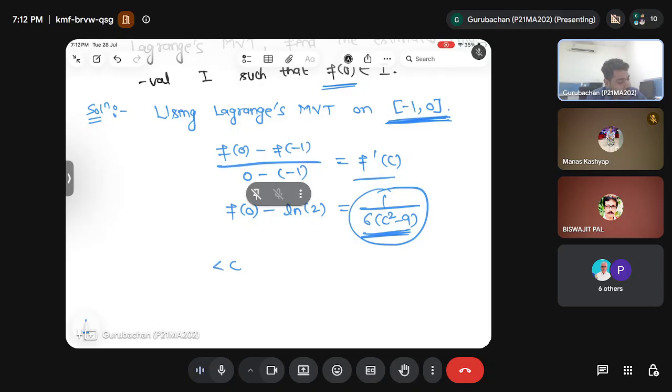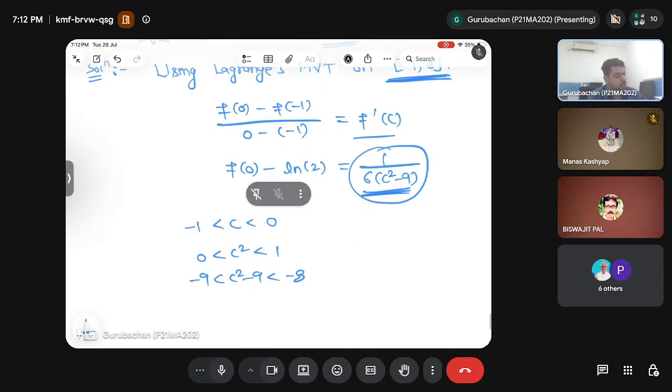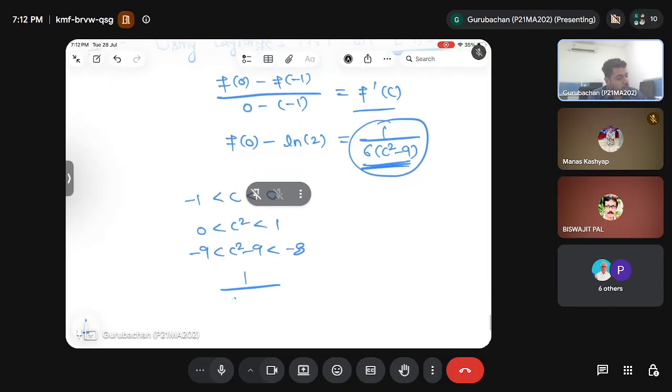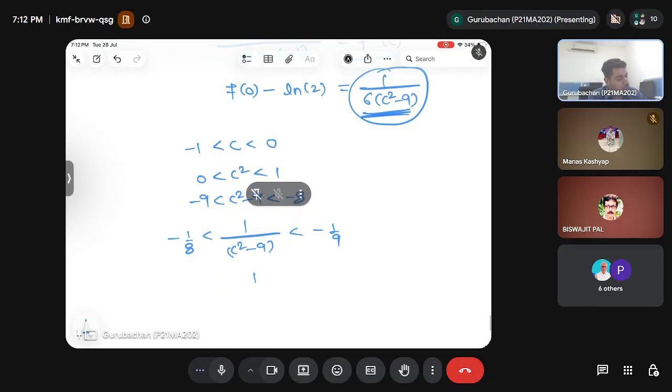See, our c lies between -1 to 0. So our c square must be lying between 0 to 1. Then c square minus 9 will lie between -9 and -8. And where does this reciprocal lie? Now what was our function? 6 times of this quantity.